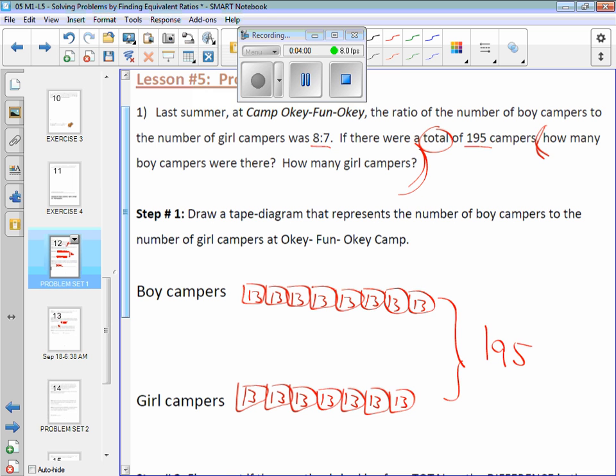Okay? So now really it's to figure out total boy campers. It's 13 times what? Jules. 13 times what, Trist? Right, because there's 8 boxes. For girl campers, it's 13 times 7.